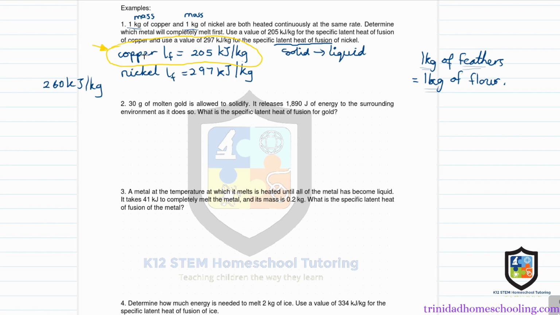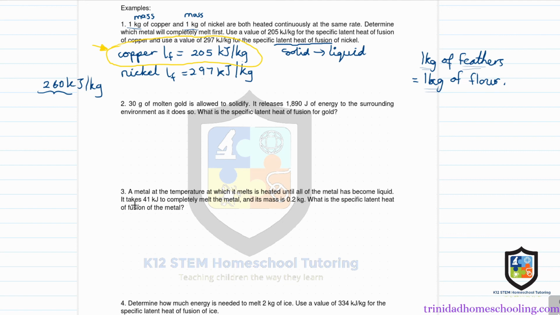We wouldn't choose copper because copper would melt before we even reach this 260 kilojoules per kilogram. We would want to make the pot out of nickel because even though we reach this temperature, it wouldn't melt, because to melt nickel we need 297 kilojoules. Okay, so this is a real-life engineering application of why we learn this topic.